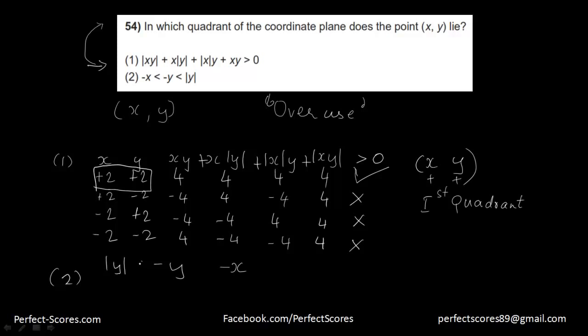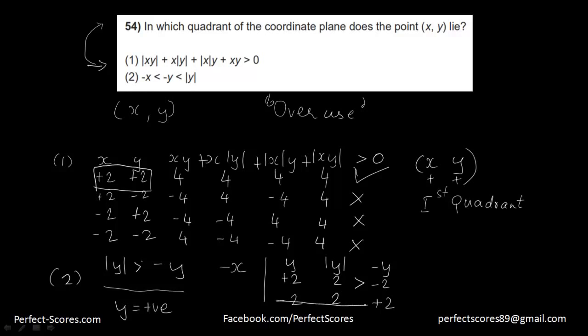So it says that modulus of y is greater than minus y. When is it possible? It is only possible when y is a positive number, right? Even if you make a binary table on that, it would work. You can take y to be a positive number or y to be a negative number, right? Then modulus of y will become 2 and 2, and minus y will become minus 2 and plus 2. You can clearly see a greater than sign is here.